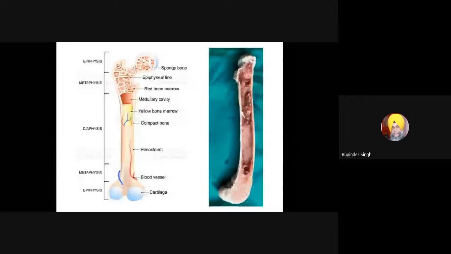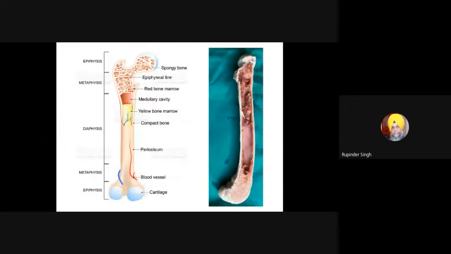You can well appreciate the bone is hollow from the center. The central region is hollow, and this is known as the diaphysis. On the left side, the regions have been marked as diaphysis and metaphysis. The central portion is hollow, whereas the ends are filled structures.